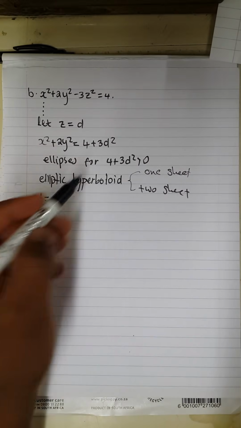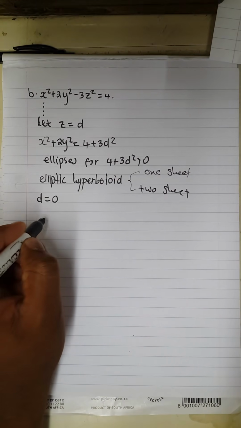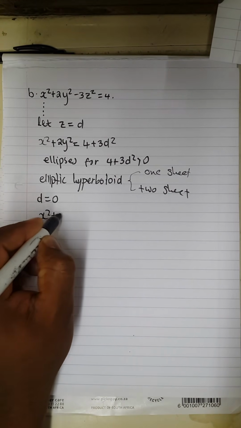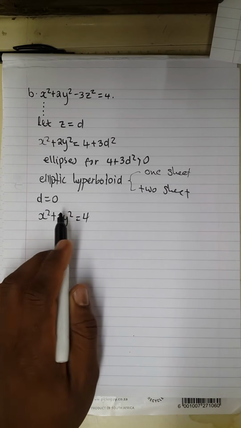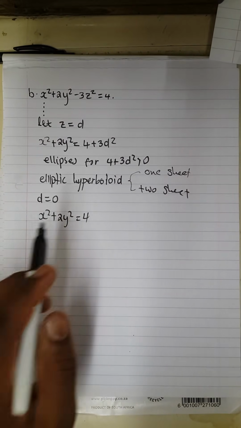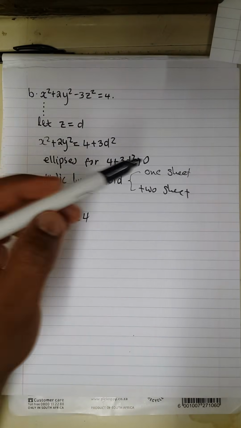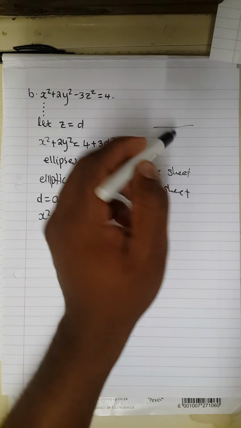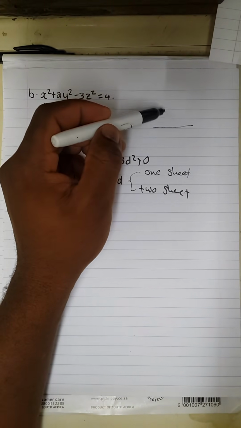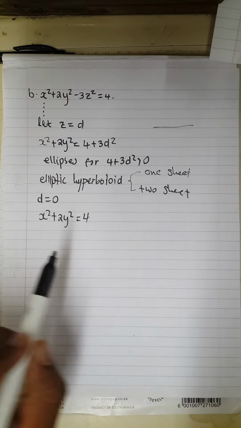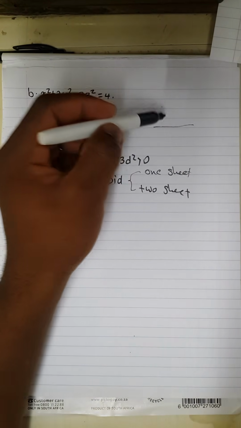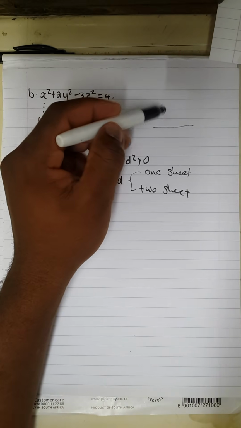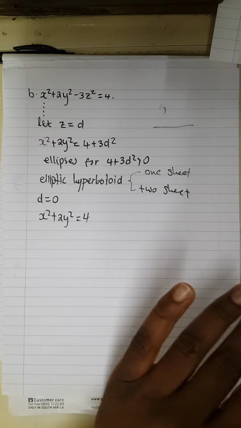When d is equal to 0, we get x squared plus 2y squared is equal to 4, and still we get an ellipse, meaning that it goes from the top of the axis to the bottom, and it doesn't get cut anywhere.